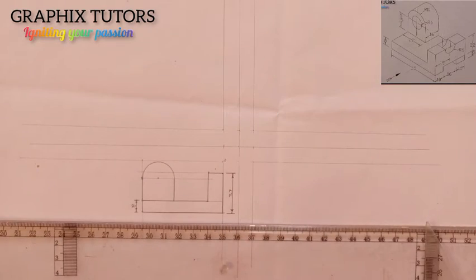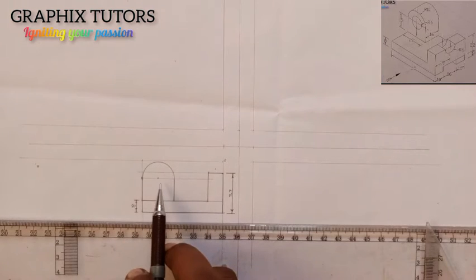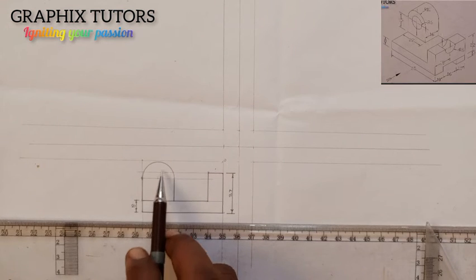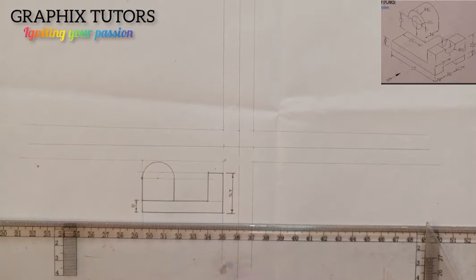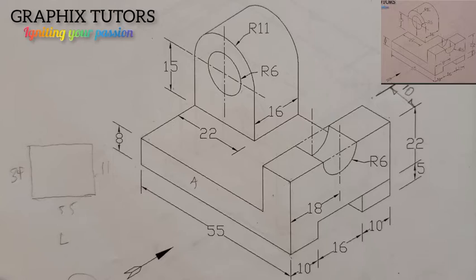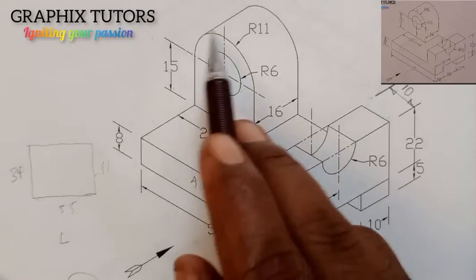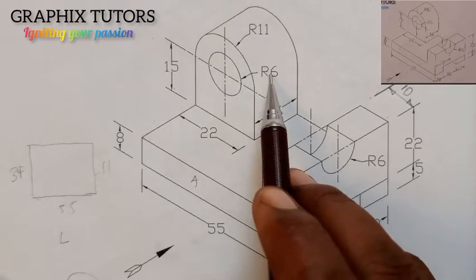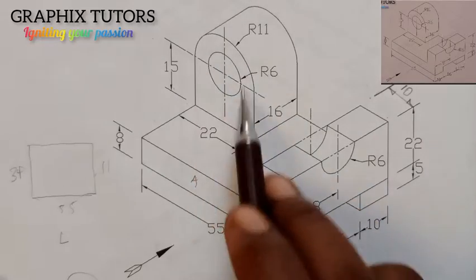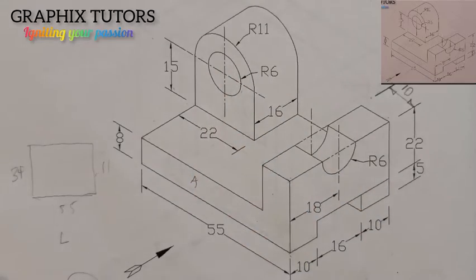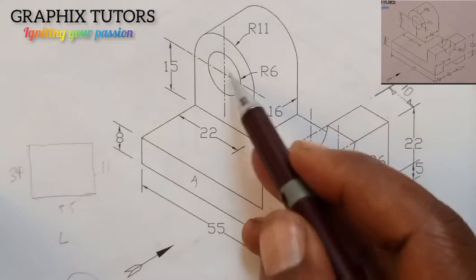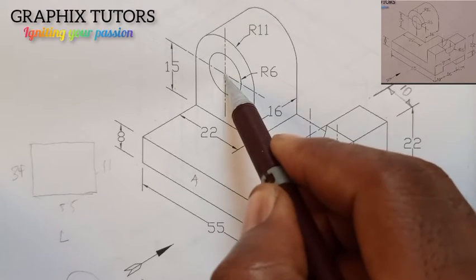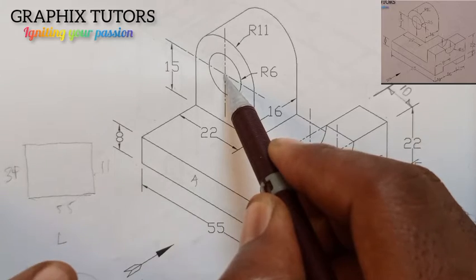Now, the next thing that we'll be doing is, since we brought this one out, the next thing we need to do is to draw a circle inside. And that circle has the radius of, we just finished drawing this and that, and the circle here, which is this inner circle, it has a radius of what? 6. So I'm going to measure my 6 from this point. So from this point to the center, I'll measure radius of what? 6 to draw that circle.